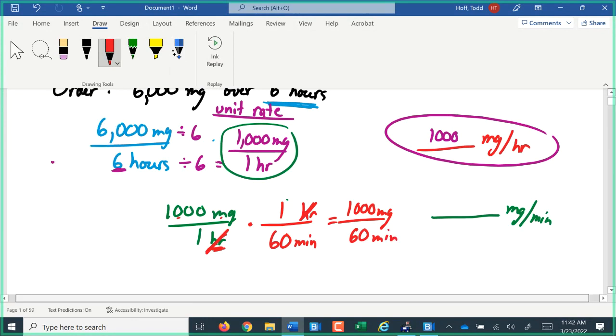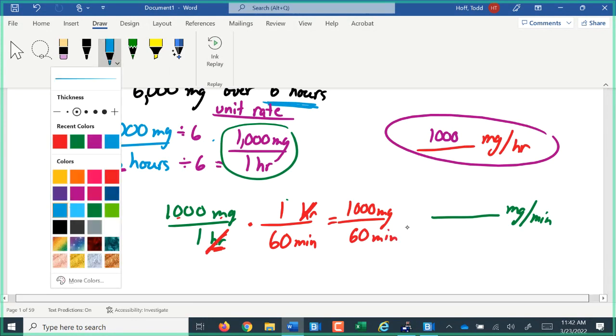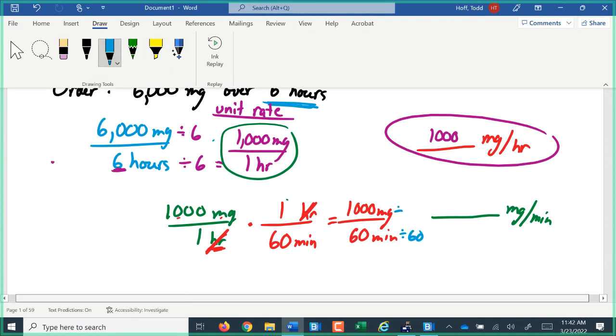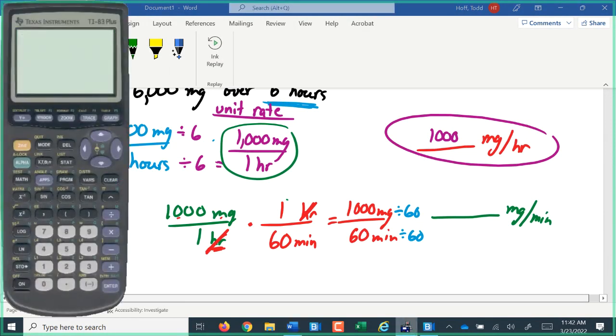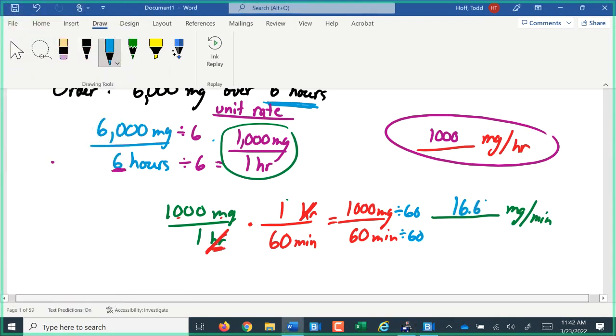Once again, we would divide by that bottom number to make it a unit rate. So dividing by 60 is going to give us 1,000 milligrams divided by 60, which is going to be 16.67 per minute.